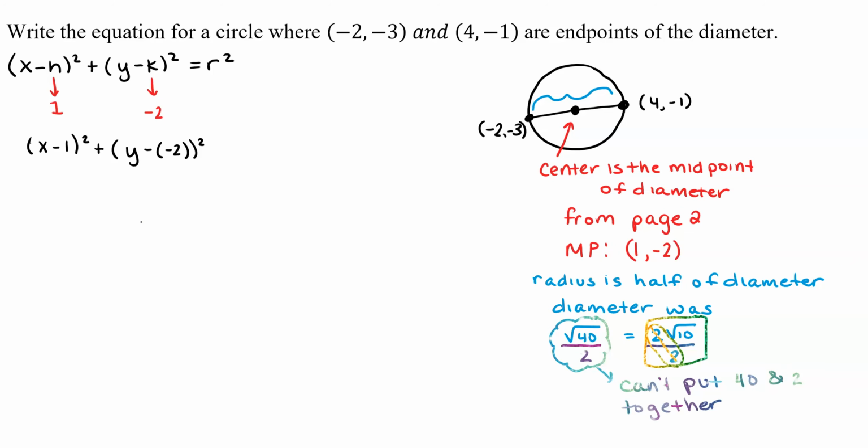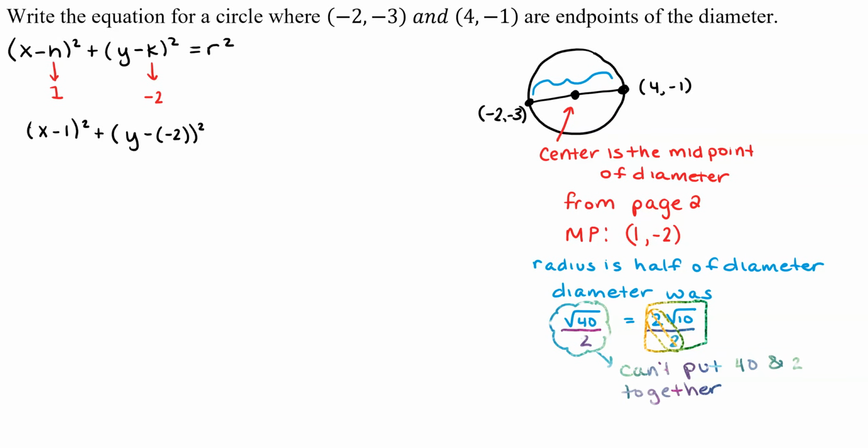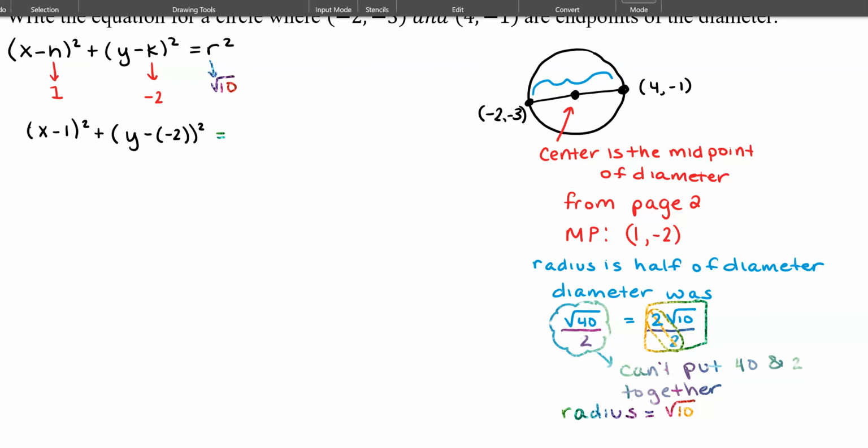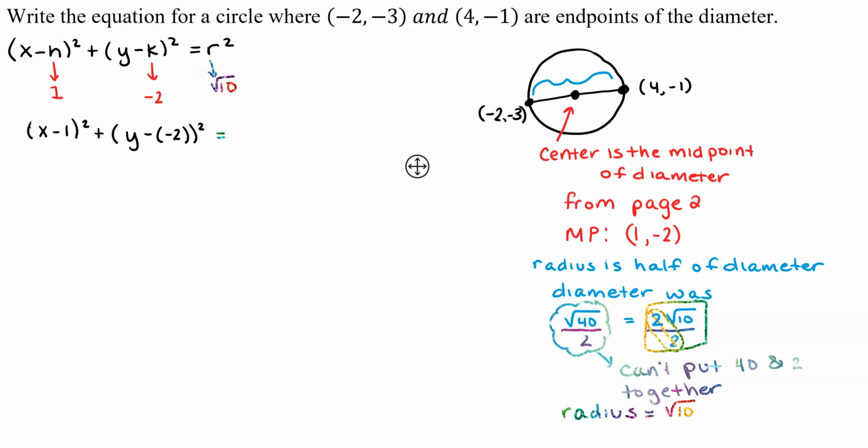So our radius is the square root of 10. So I'm going to replace r with the square root of 10. So my equation has equals the square root of 10, squared.